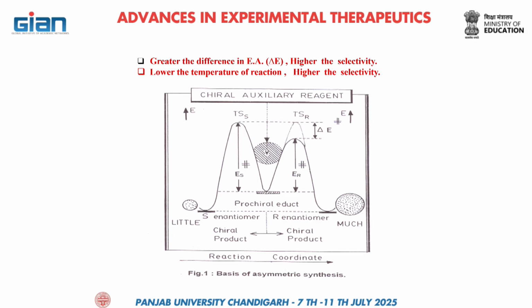For that you require some chiral auxiliary reagent. So that reagent is so specific that out of the two transition states, it is helping to reduce the activation energy of one transition state, not the other. So whose activation energy comes down, the percentage of that enantiomer is going to enhance.